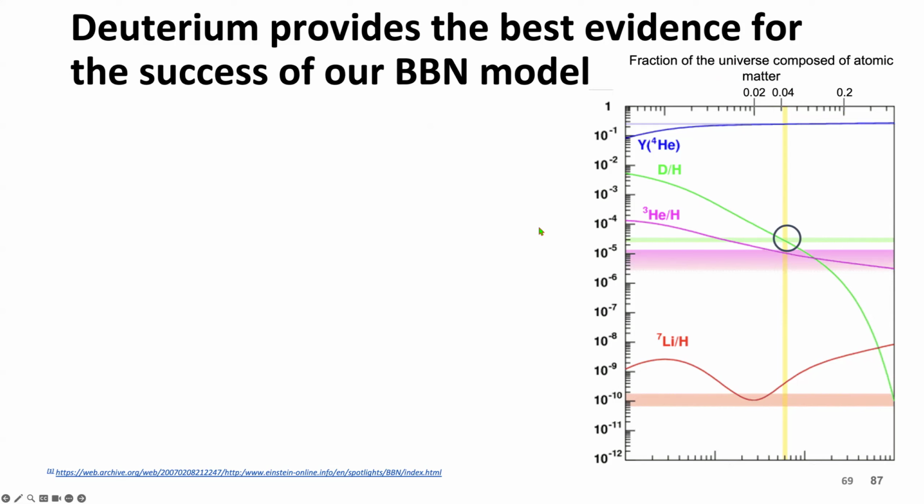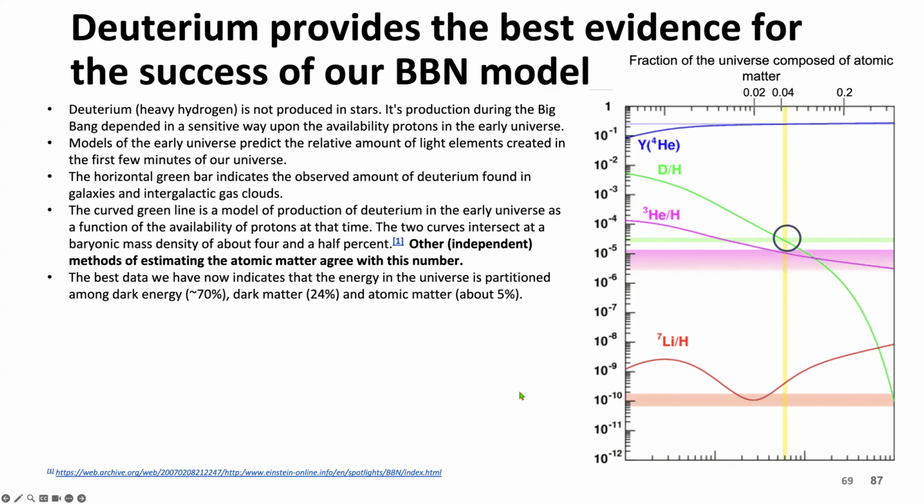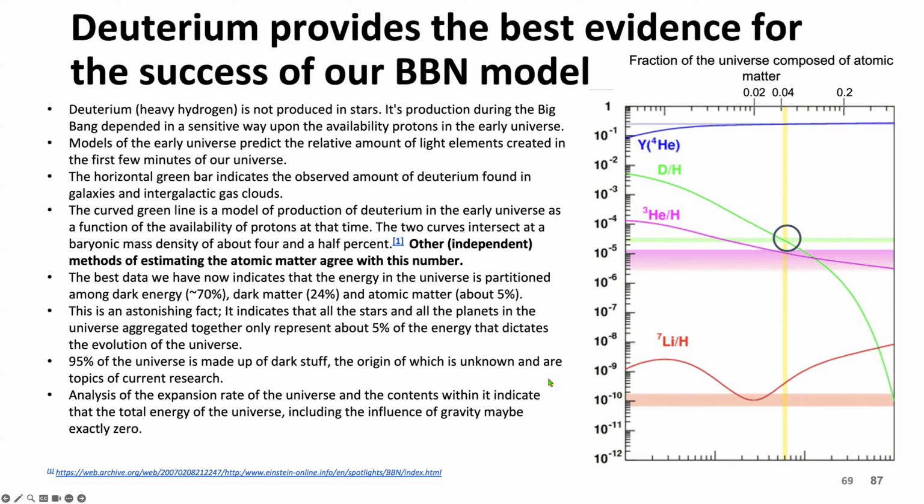And when you do that arithmetic using the models of nuclear physics that emerged from World War II, this is the best spot to be for the universe to agree.